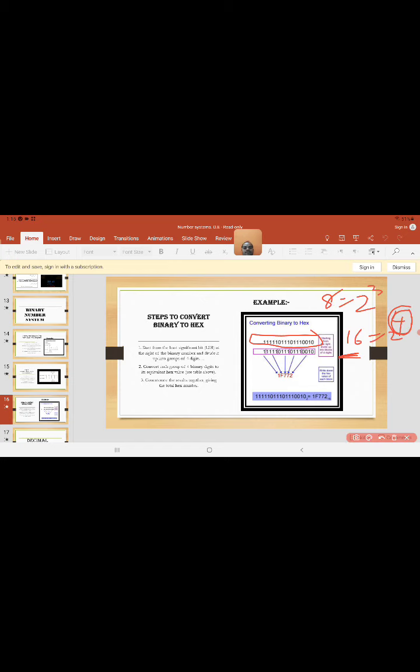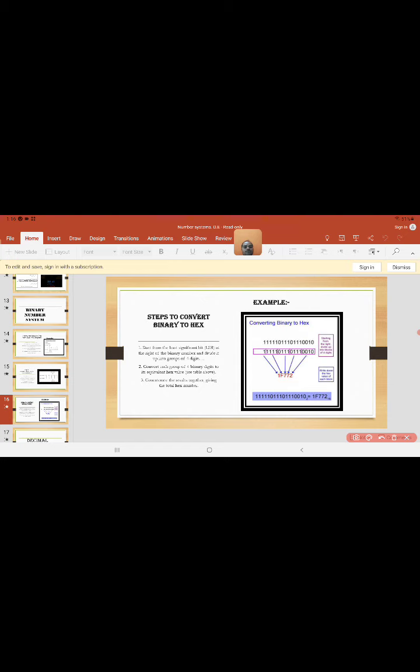So in this case we are just dividing the number into groups. There is no binary point, that means only the integer part is given. We have to move from right to left, dividing the digits into groups of 4.